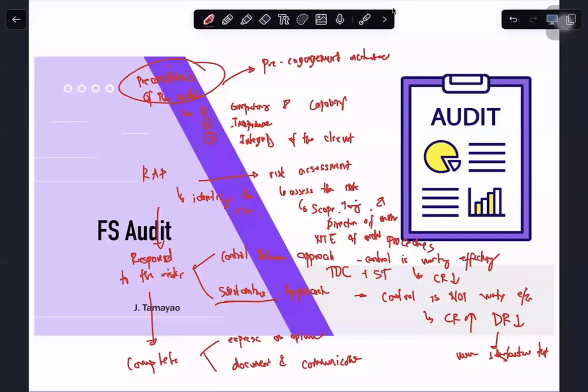In your substantive approach, meaning you don't rely on your TOC, you don't rely on your control, so not much TOC, purely substantive test. So dito, less substantive test lang. So substantive approach, more substantive tests. And then lastly, we complete our audit by expressing an opinion and we document and communicate, of course, the results of our audit.